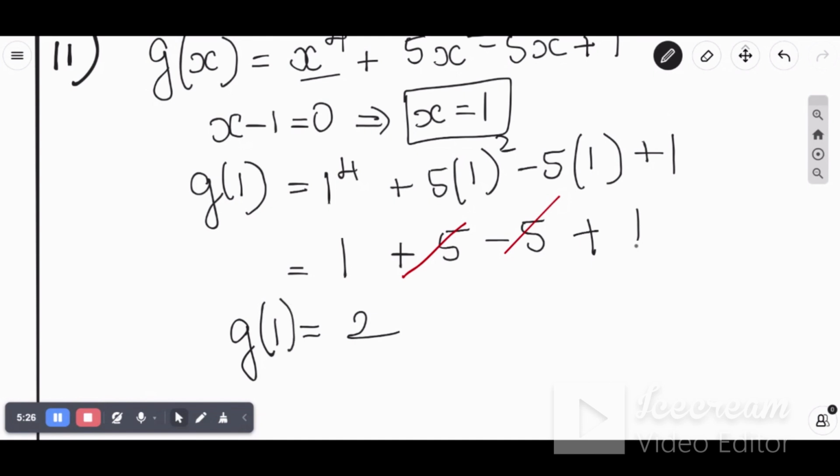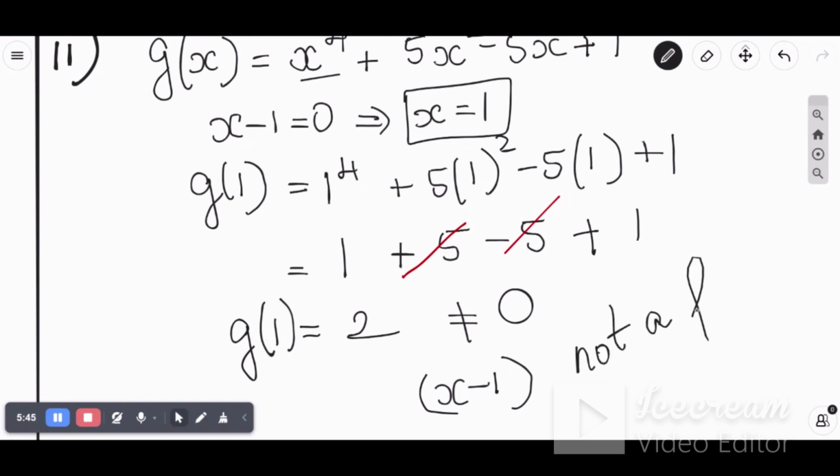Don't put 1 plus 1 as 0, you'll end up wrong. So which is not equal to 0, which means x minus 1 is not a factor. Don't put the symbol, just write it like not a factor of g of x.